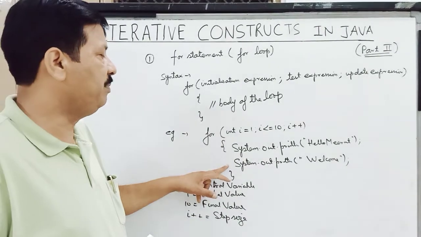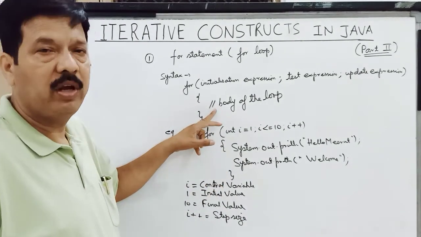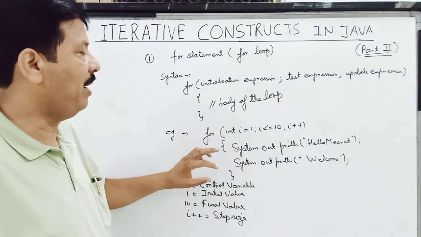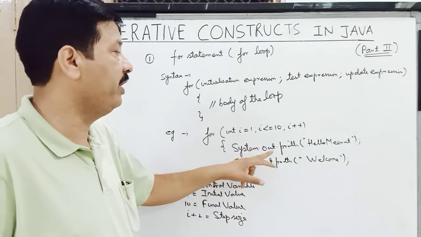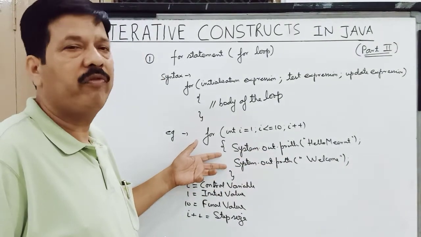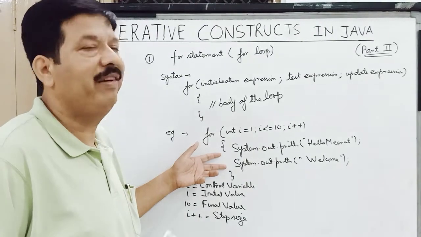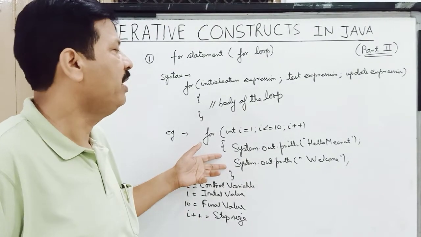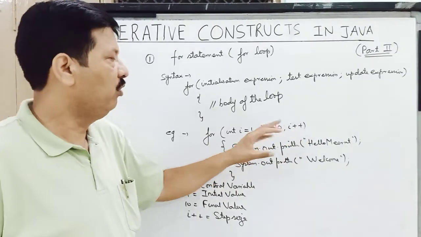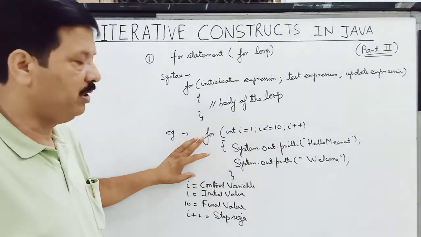These are two statements which I have formed as the body of the loop. Now this particular segment of the program is going to print 10 times hello Meerut and welcome. So these two statements form a loop, and hello Meerut and welcome will get printed 10 times, since it is from 1 to 10 and the step size is 1. So I hope you have followed this example.